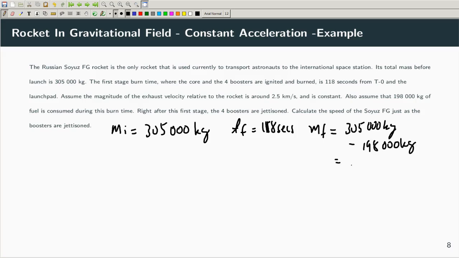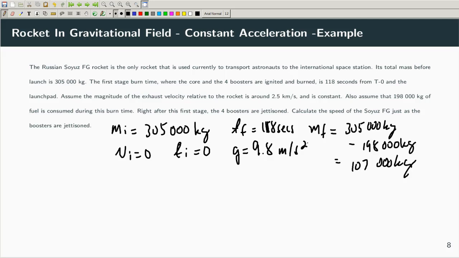So that will be 107,000 kilograms. And its initial velocity, of course, is 0 from the launch pad. And we'll take the initial time to be 0. And the gravitational acceleration of the Earth is 9.8 meters per second squared.